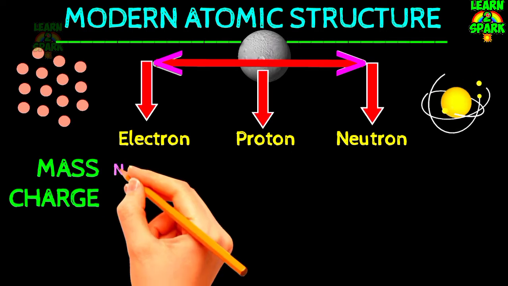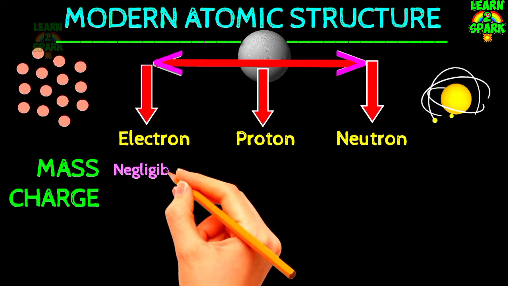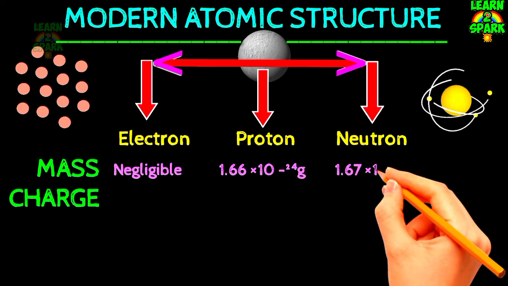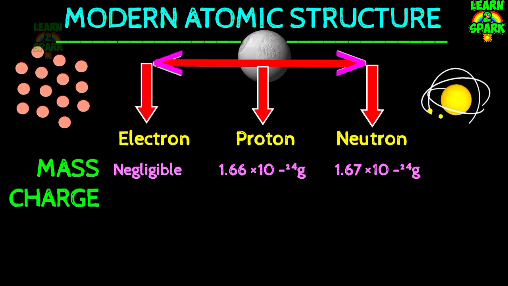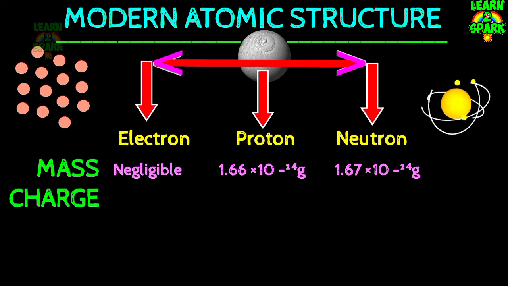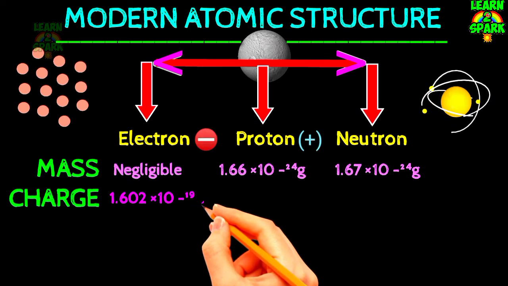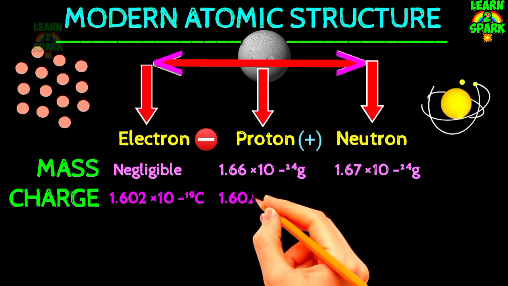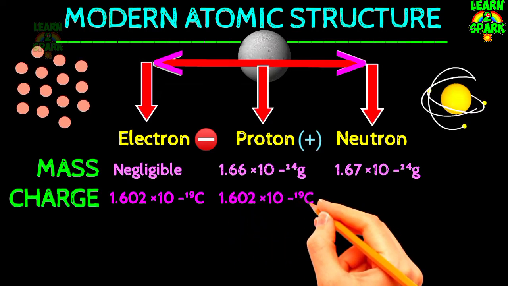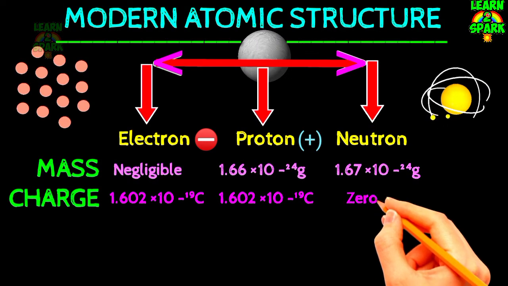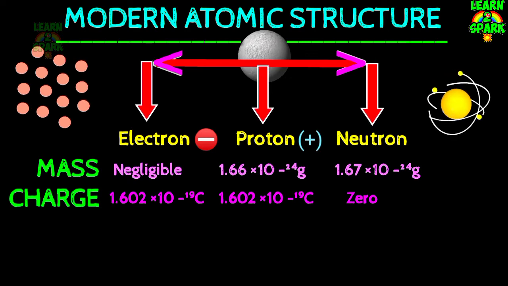Electrons have negligible mass and protons and neutrons have similar mass of 1.6 into 10 to the power minus 24 grams. Electrons have negative and protons have positive but same charge of about 1.602 into 10 to the power minus 19 coulomb. The neutrons have no charge, so it is neutral in nature.